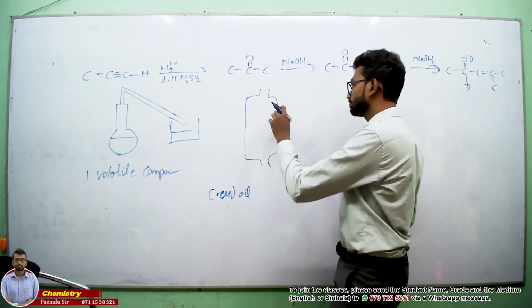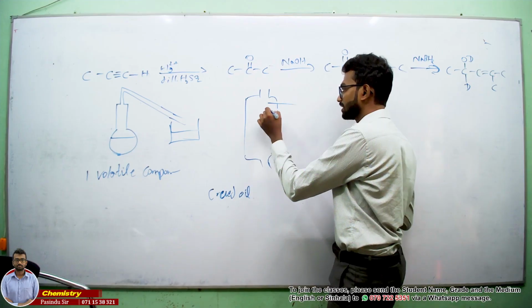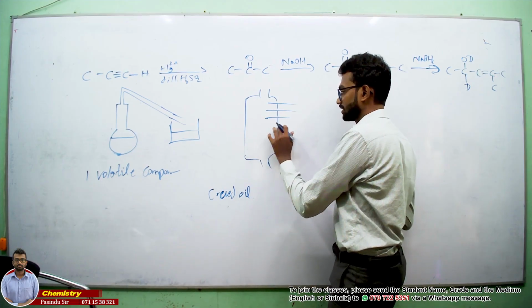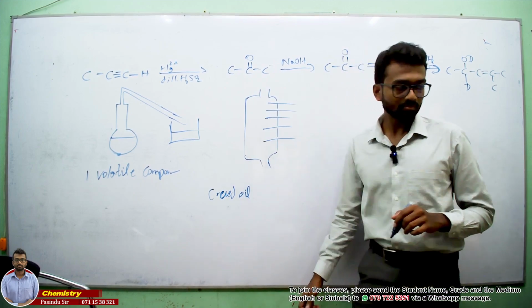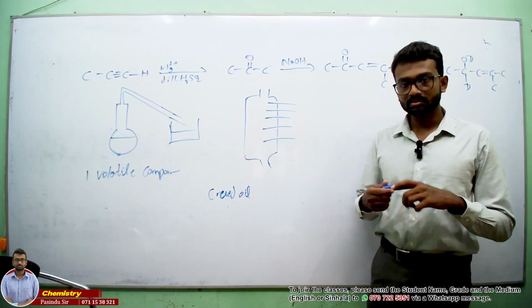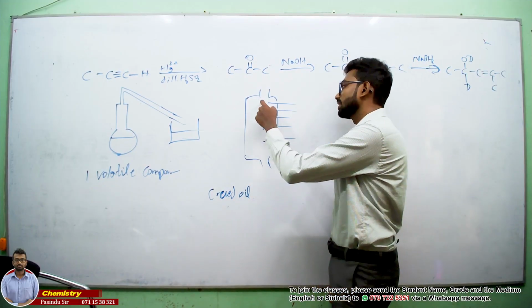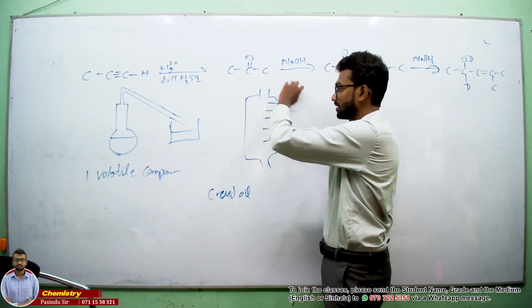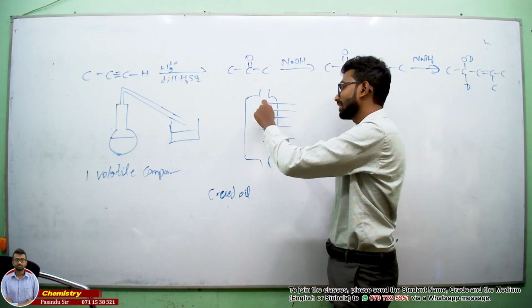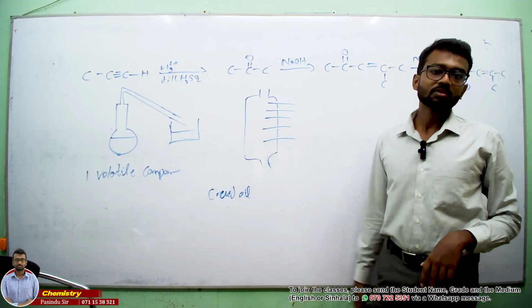This fractional column contains different temperatures at different levels. Based on the boiling point of the hydrocarbon, the gases just go away as gases, and you collect the gases. Other hydrocarbons are collected as liquids based on their boiling points.